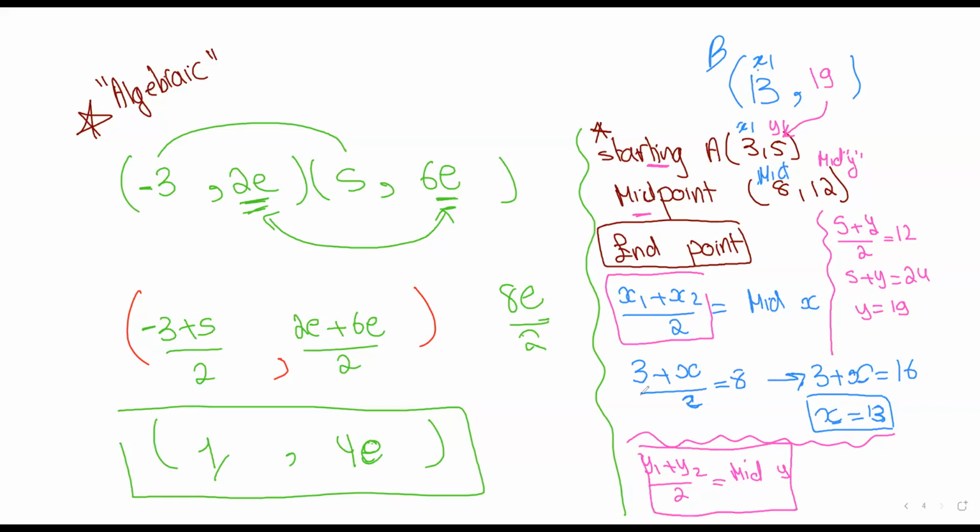The last rule that we're going to discuss in this video is the length rule. The length rule or the distance rule, the distance between 2 points. Let's use the same line that we were dealing with.